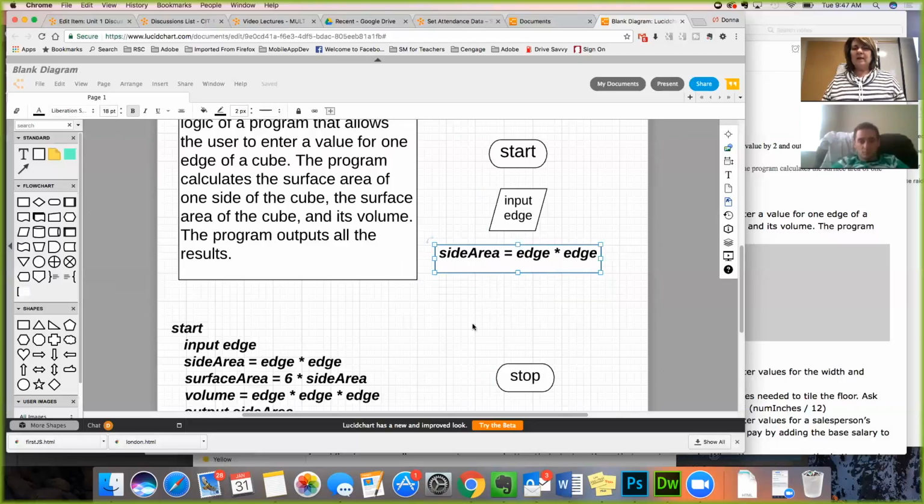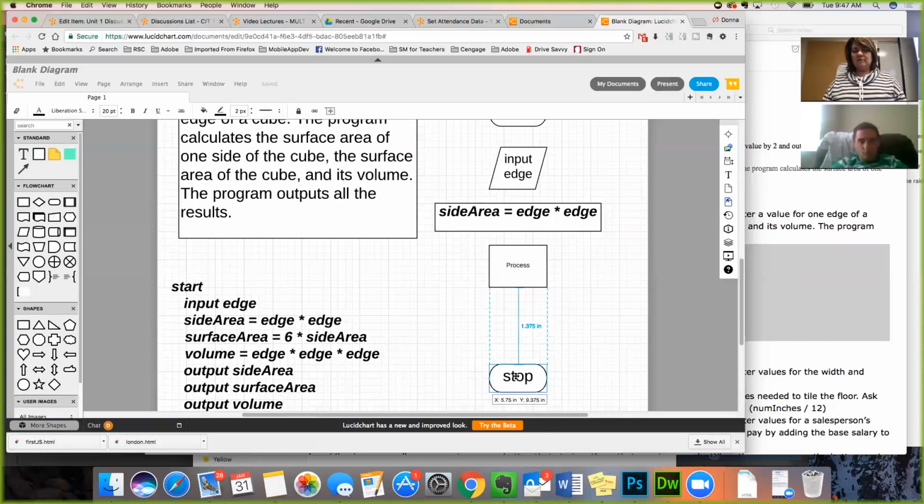There we go. All right, so what's the next shape? Surface area equals 6 times side area. Rectangle again, very good. Anytime it's a process. Now in this particular problem, I don't have any ifs or any loops. So it's gonna be kind of a boring flow chart.